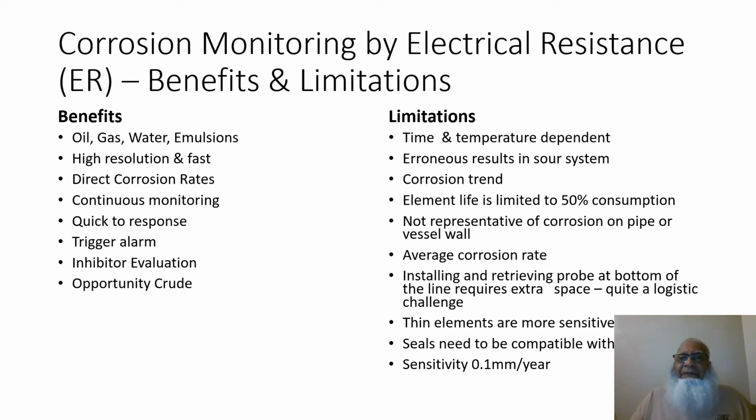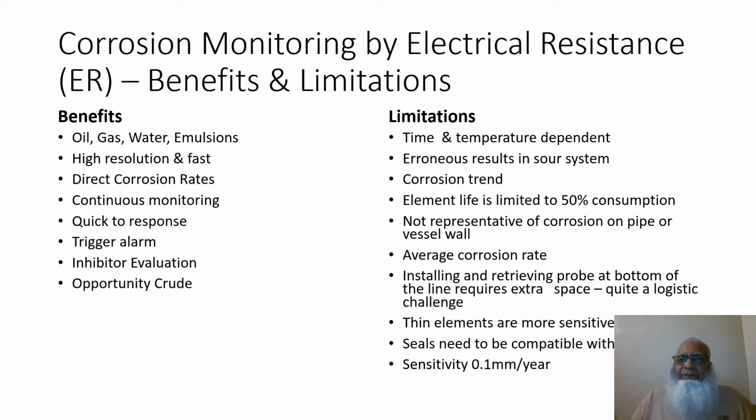Element life is limited to 50% consumption. As the life reaches 50%, then the probe starts giving you erroneous results. It's not representative of the corrosion on the pipe or the vessel wall. It gives the average corrosion rate.